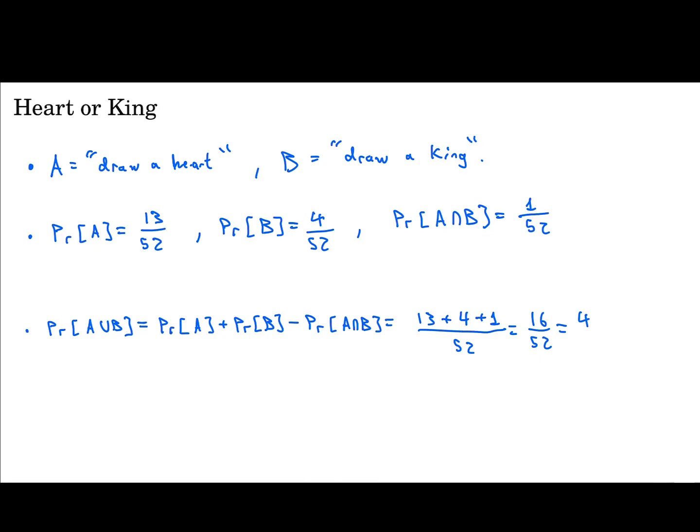Oh sorry, this is a minus here. So it'll be 13 plus 4 minus 1. So that's 16 over 52, which will be 4 over 13. And 4 divided by 13 is approximately 30%. So what is the chance of drawing a heart or a king? Around 30%.